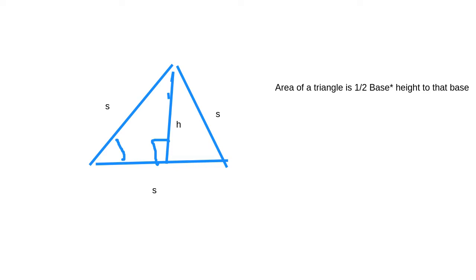The sine of 60 degrees is the square root of 3 over 2. So from the 30-60-90 right triangle, H is S times the square root of 3 over 2.